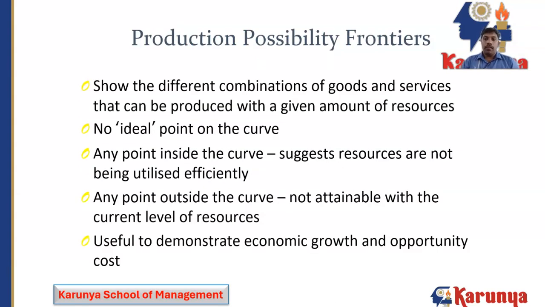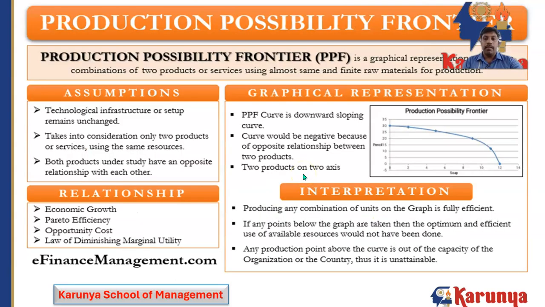The PPF shows the different combinations of goods and services that can be produced with a given amount of resources. No ideal point on the curve is mentioned. Any point inside the curve suggests resources are not being utilized efficiently. Any point outside the curve is not attainable with the current level of resources. It is useful to demonstrate economic growth and opportunity cost. So production possibility analysis is mandatory to predict economic growth and development.